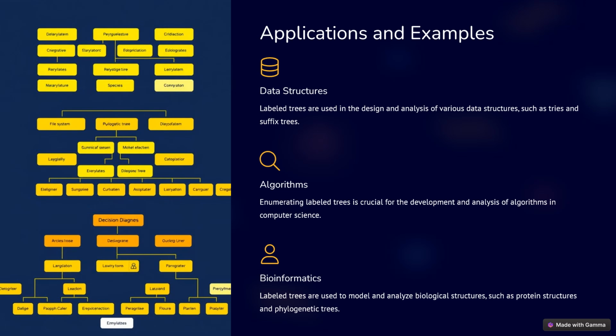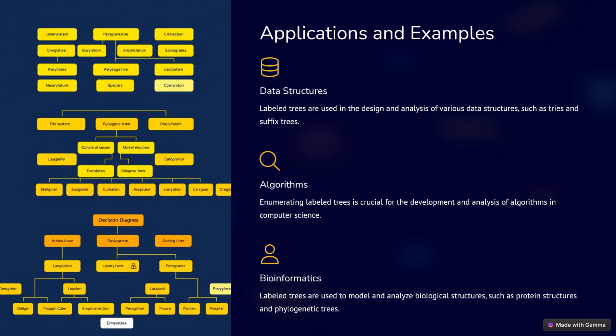Applications and examples. Data structures: labeled trees are used in the analysis of various data structures such as tries and suffix trees. Algorithms: enumerating labeled trees is crucial for the development and analysis of algorithms in computer science.